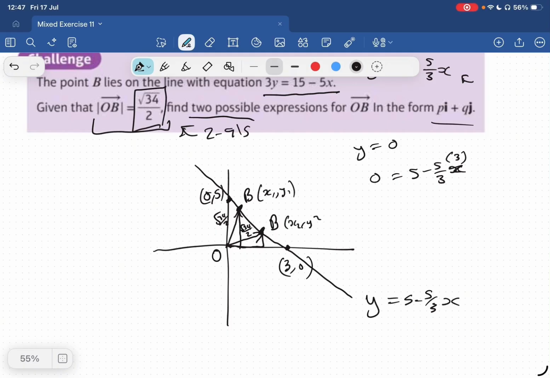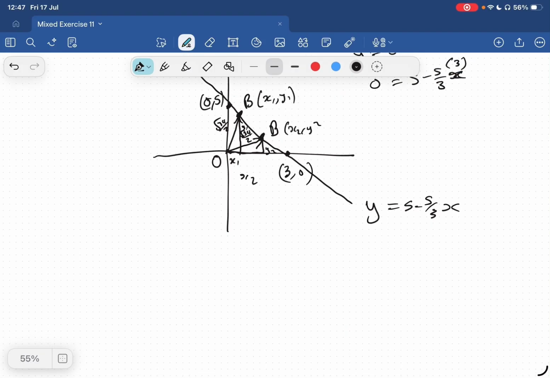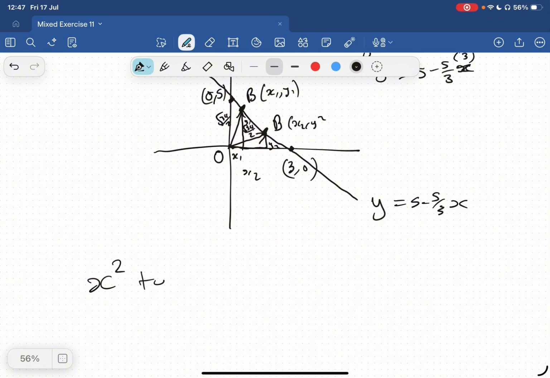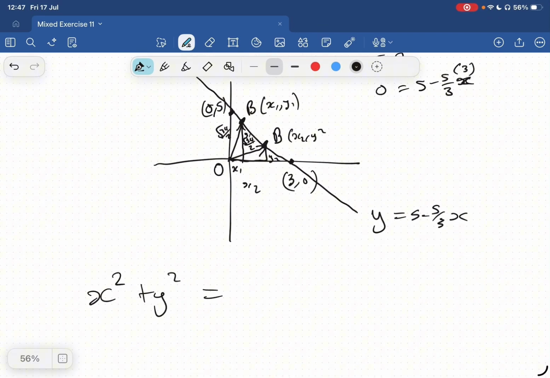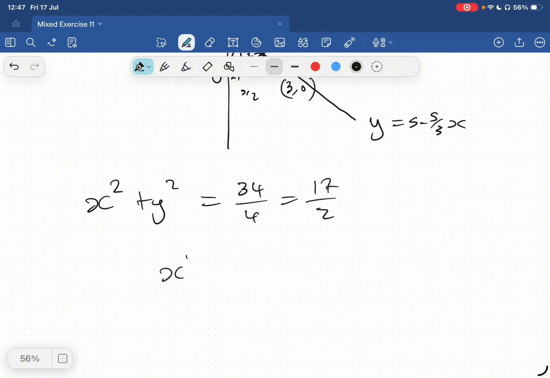This length is going to be x1 here, x2 there, y2 there, y1 there. Hopefully you're looking at that and thinking Pythagoras' theorem. So x squared plus y squared for our B coordinate is going to equal c squared. Here c squared is square root of 34 over 2 squared, so 34 over 4, which is 17 over 2.